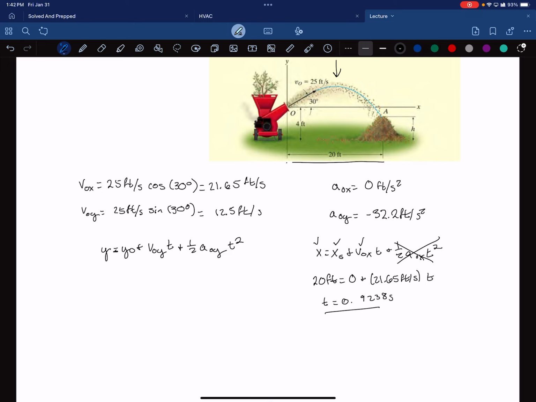So now we take this and plug it into here, and we get y is equal to 4 feet, which is our starting distance up here, plus 12.5 feet per second times 0.9238 seconds plus 1/2 times negative 32.2 feet per second squared times the time squared, and that got squishy.